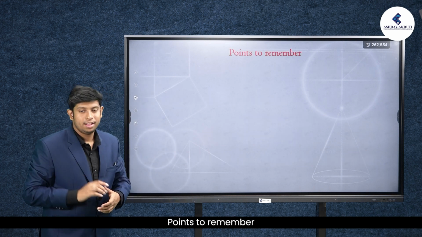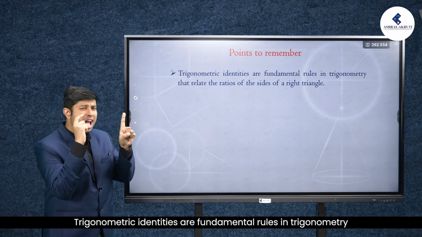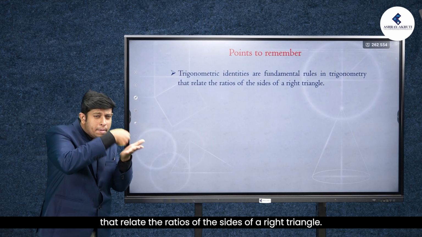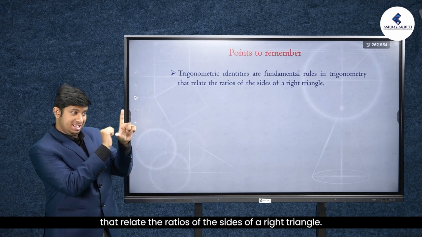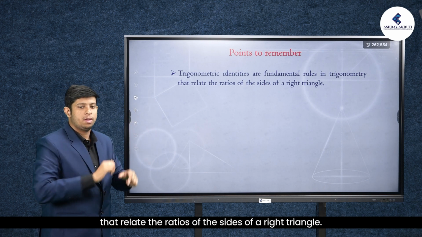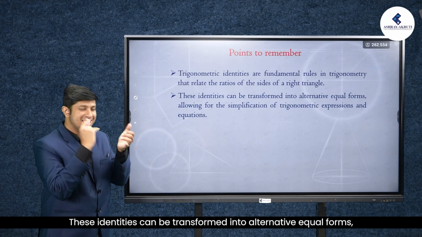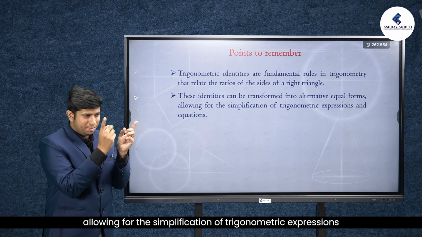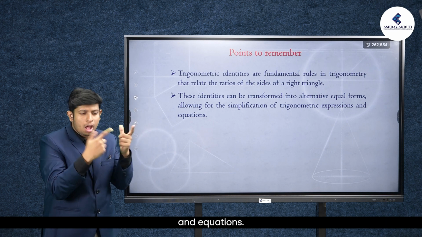Points to remember. Trigonometric identities are fundamental rules in trigonometry that relate the ratios of the sides of a right triangle. These identities can be transformed into alternative equal forms, allowing for the simplification of trigonometric expressions and equations.